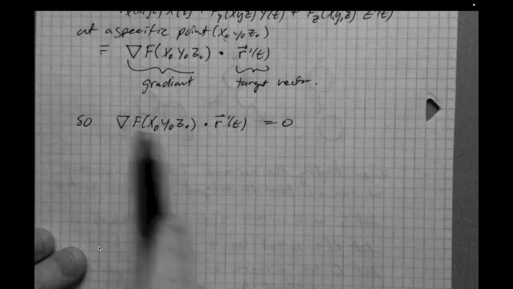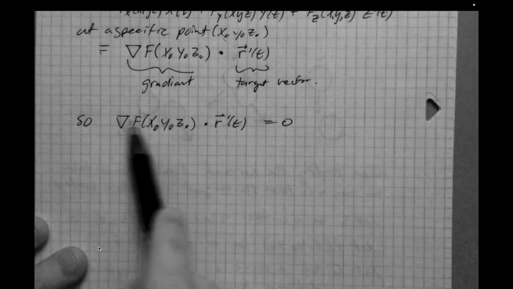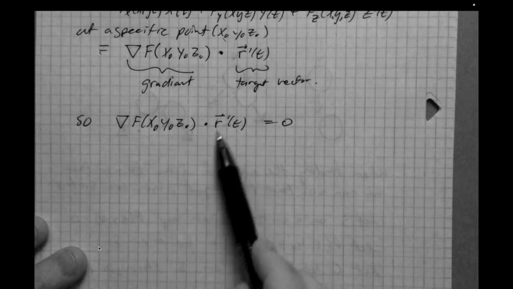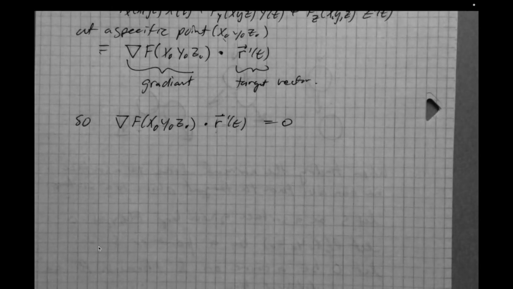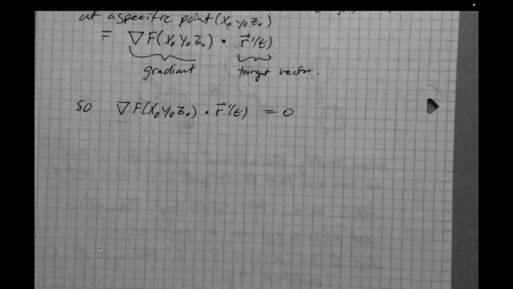So the gradient at that specific point is orthogonal to the tangent vector of any curve on S through P. So basically all tangent lines at P appear to lie in a plane that is normal to this gradient. Okay.